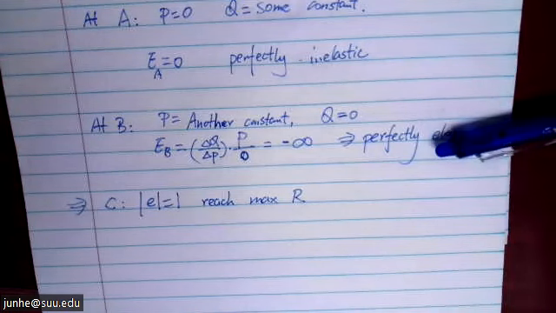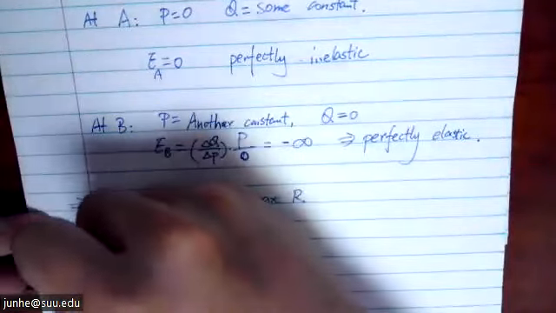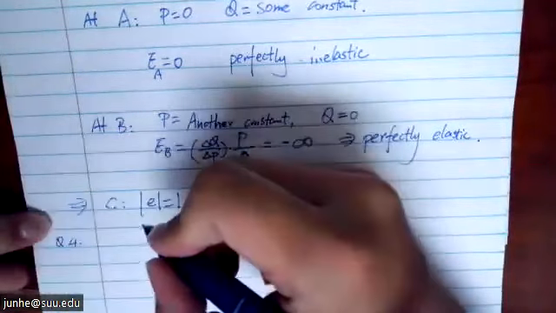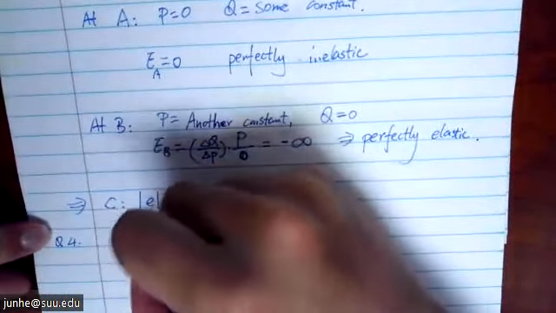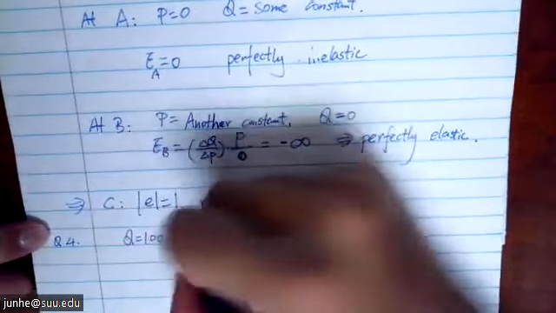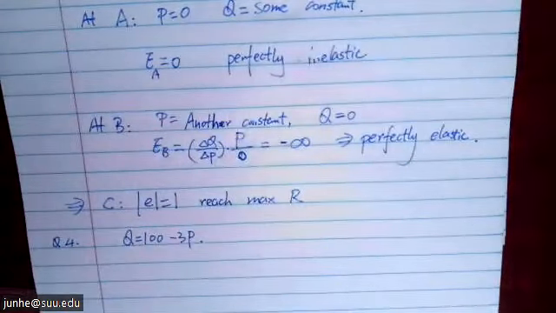Now let's look at question 4 on the sample question sheet. For the demand function Q equals 100 minus 3P, let's find the P and Q that maximize the revenue.